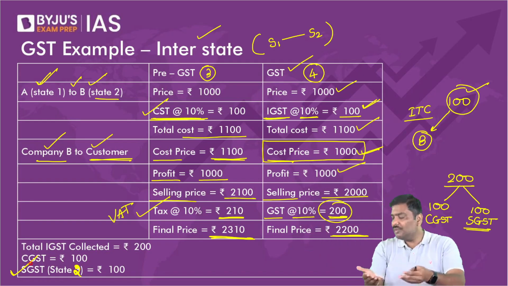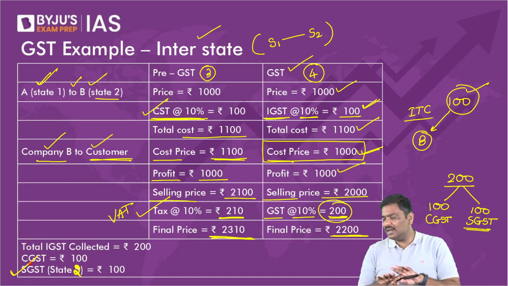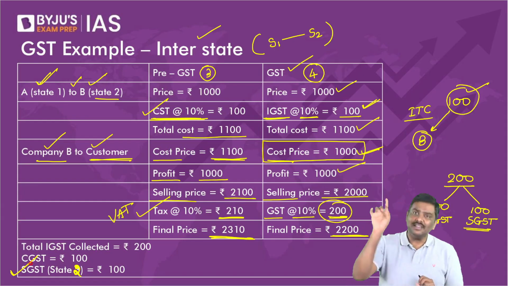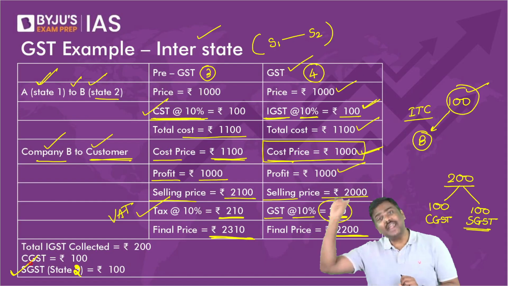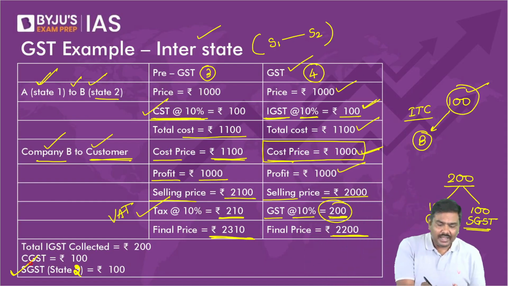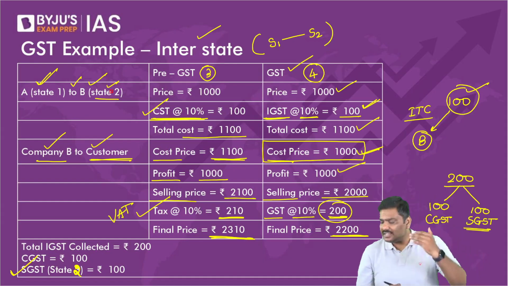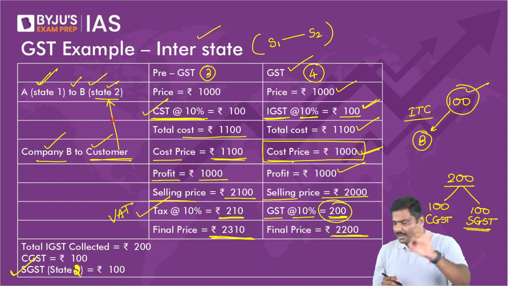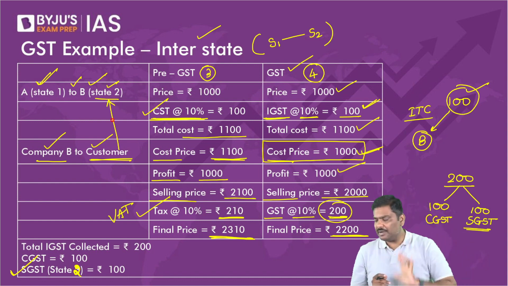That is basically the consumption. So the state where the consumption of the good happens will get SGST. In this example, the customer is sitting in the second state. Hence, SGST will go to the second state. Even now, is there a problem with SGST? Please do let me know.